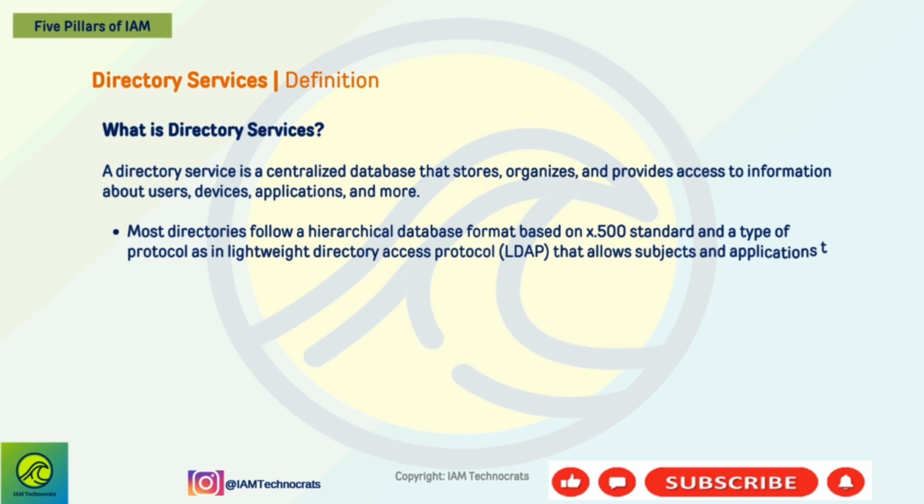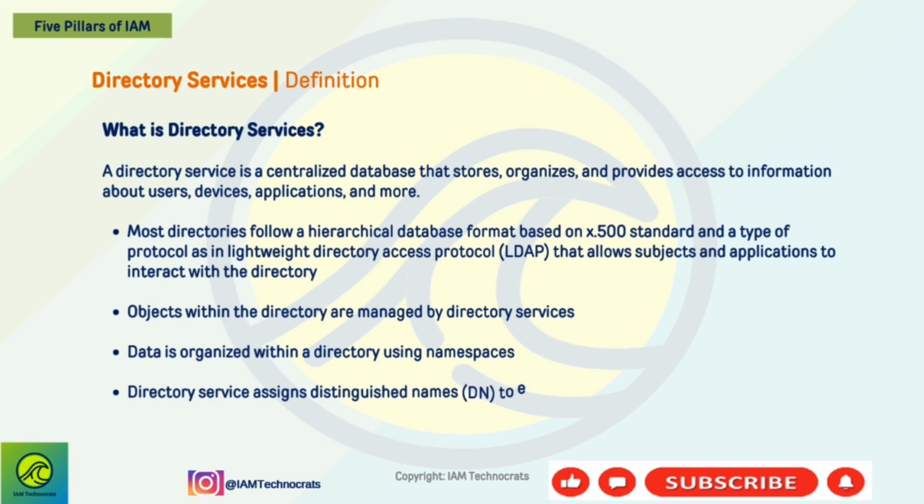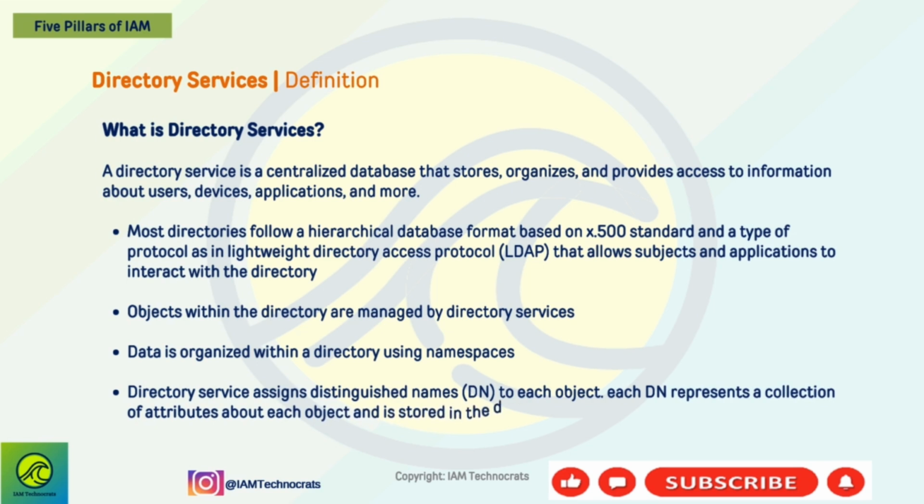Most directories follow a hierarchical database format based on the X.500 standard and a type of protocol such as Lightweight Directory Access Protocol (LDAP) that allows subjects and applications to interact with the directory.